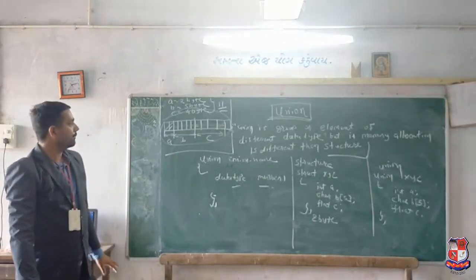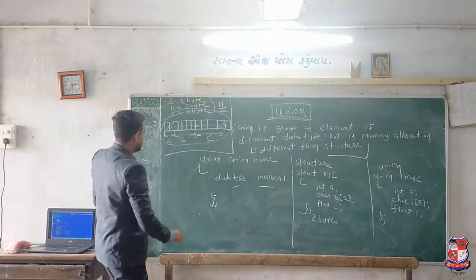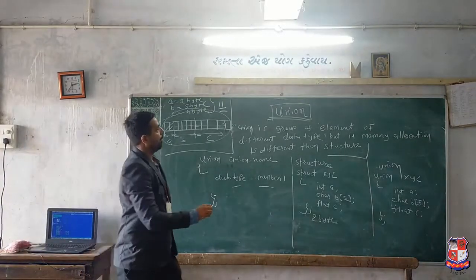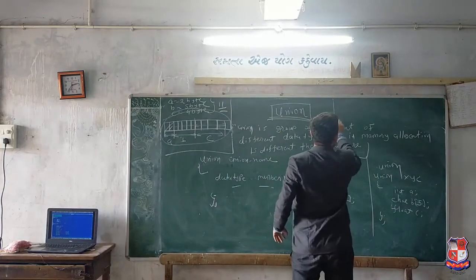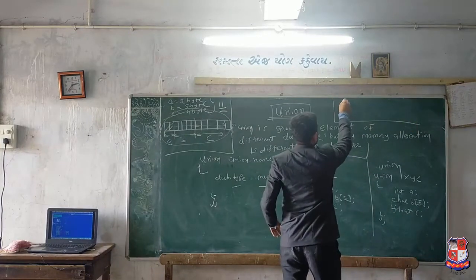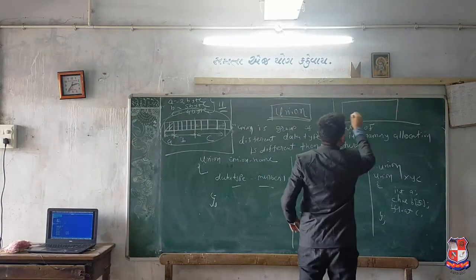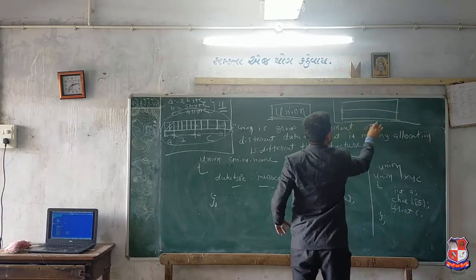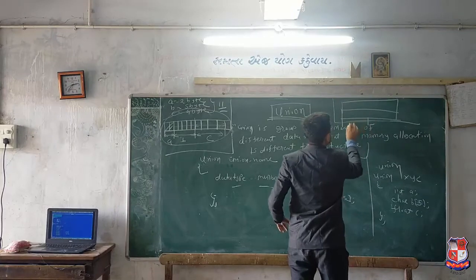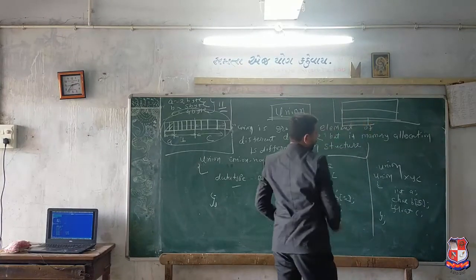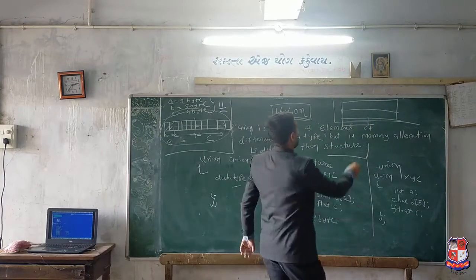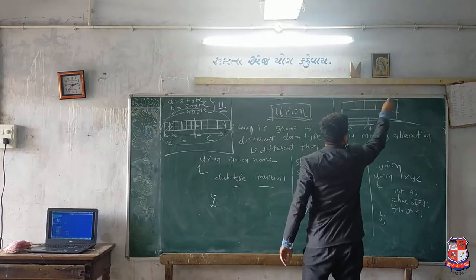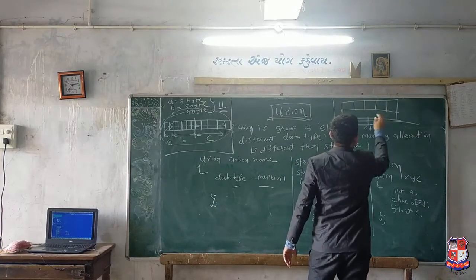In union, the maximum size is taken first. Suppose character has the maximum size, so maximum 5 blocks are there. 1, 2, 3, 4, 5.